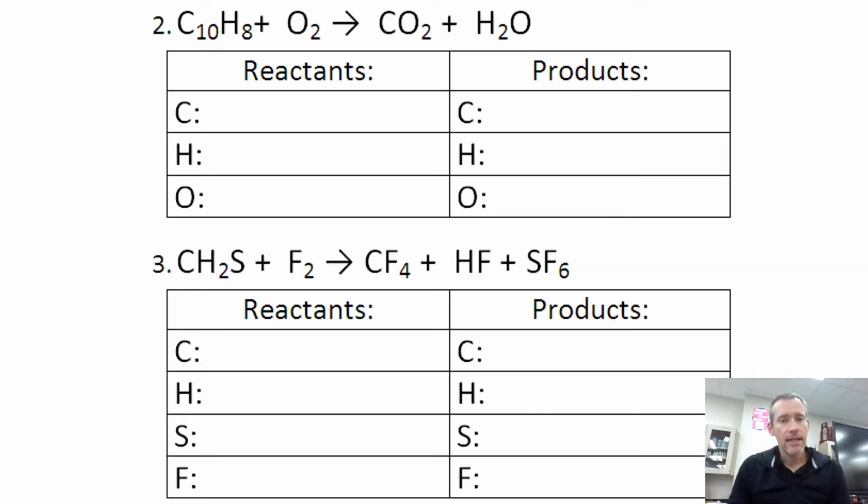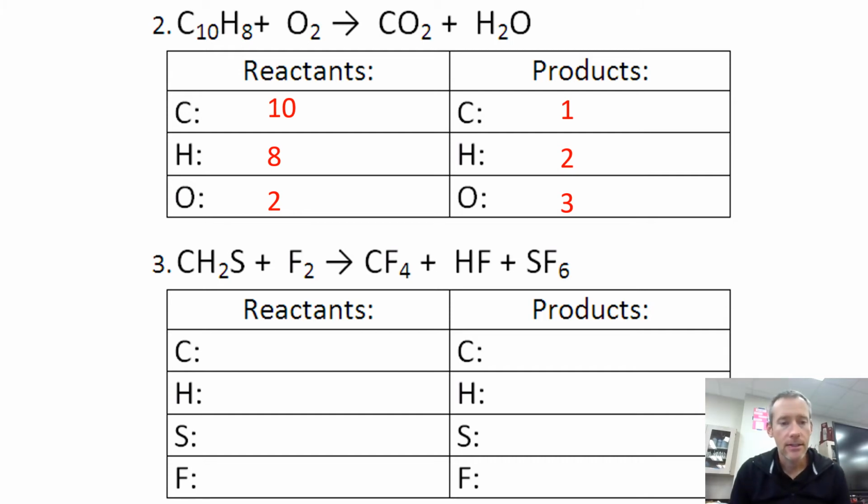All right, C10H8O2, so carbon, 10, hydrogen, 8, oxygen, 2. Product side, you have 1 carbon, 2 hydrogens, 3 oxygens. Be careful there because CO2 has 2, water has 1, 2 plus 1 is 3.